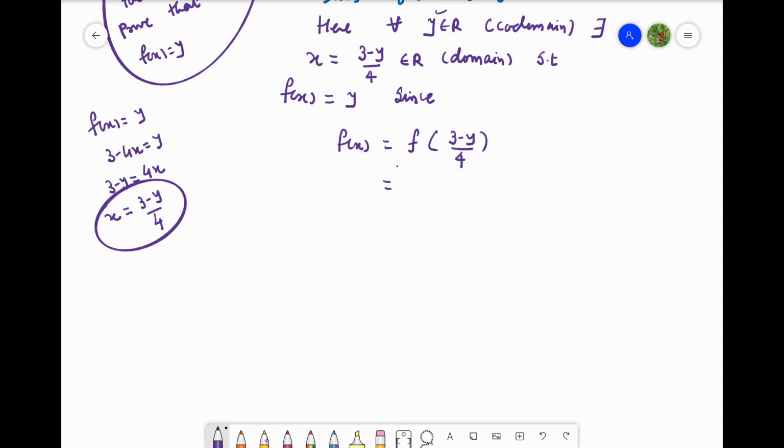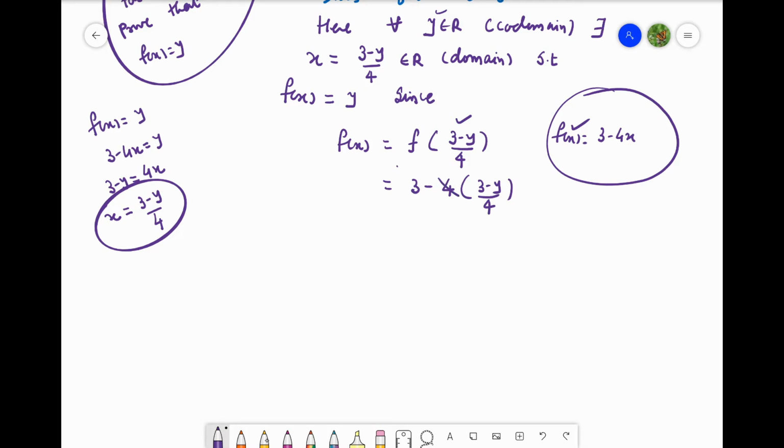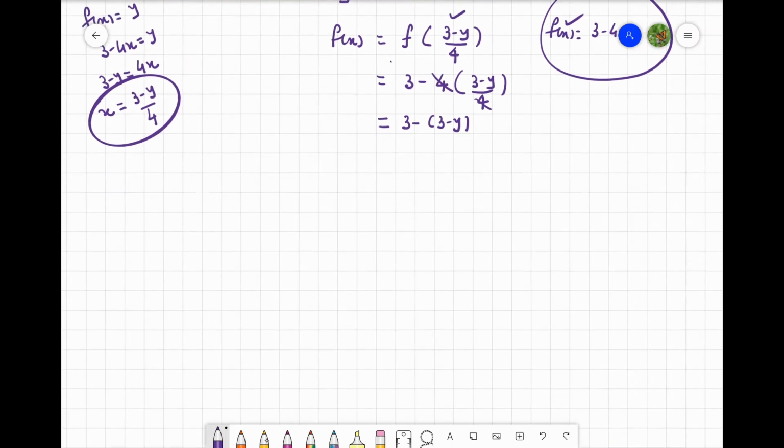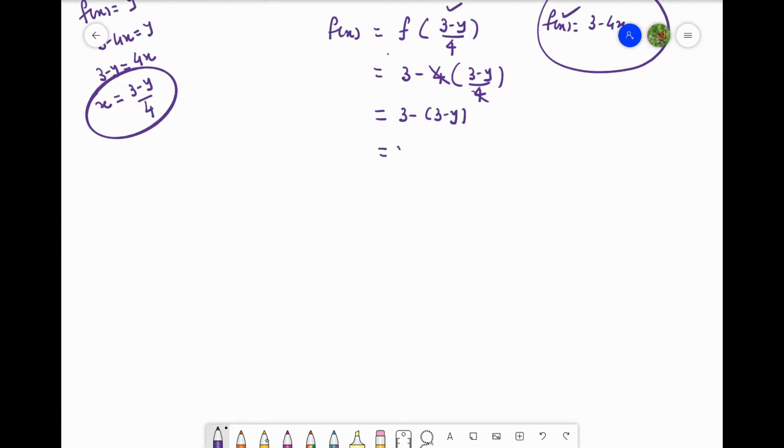Now note the definition of f of x. F of x equal to 3 minus 4x. So 3 minus 4 into this x, as x we have (3 minus y) by 4. Let us simplify, 4 4 cancel. So this is 3 minus (3 minus y), and further simplification is y. Thus f of x equal to y.